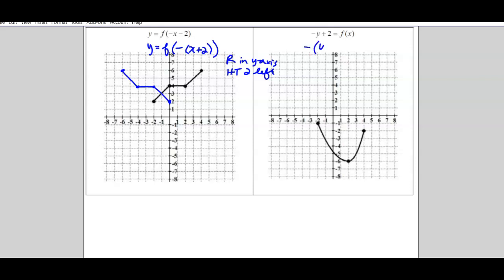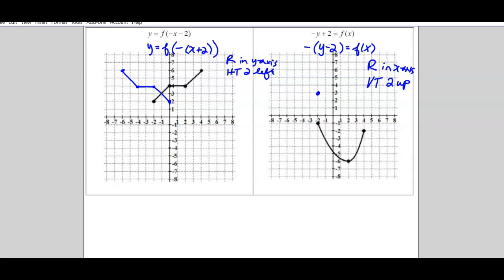Next one, again, got to factor first. So negative bracket y minus 2. So this is a reflection in the x-axis and a vertical translation up. So reflection in the x-axis, okay, and then 2 up.